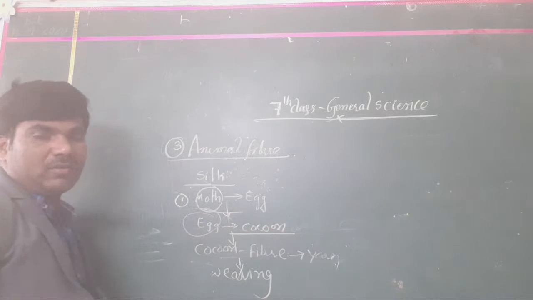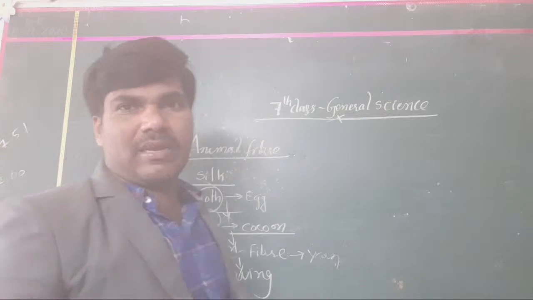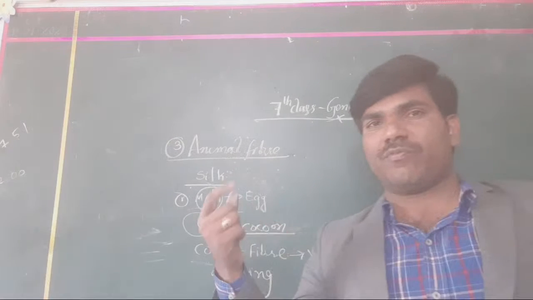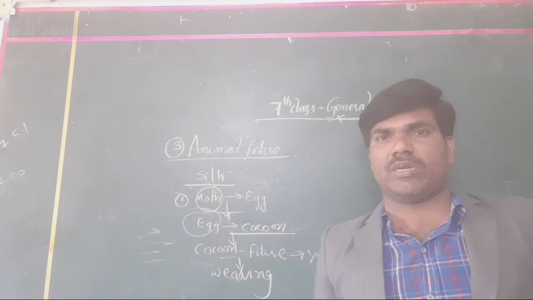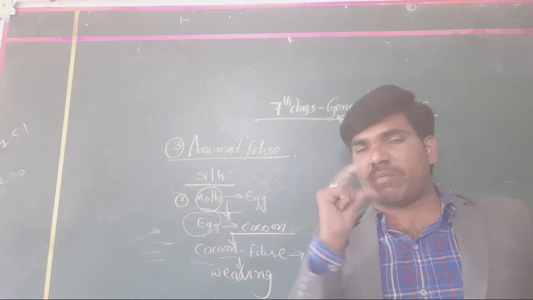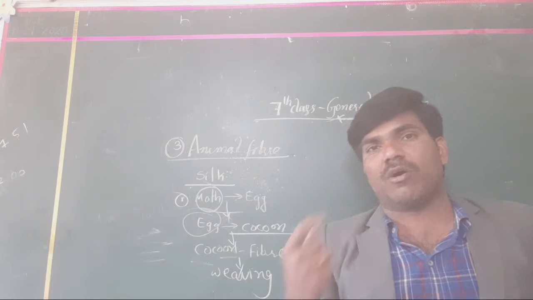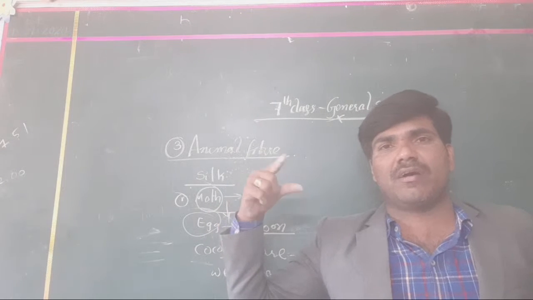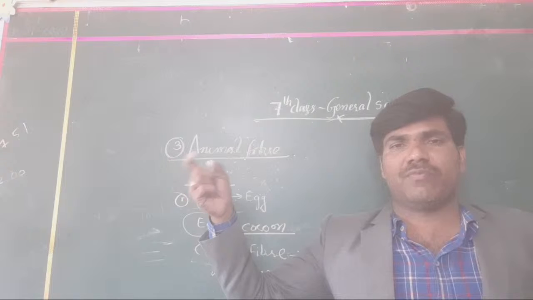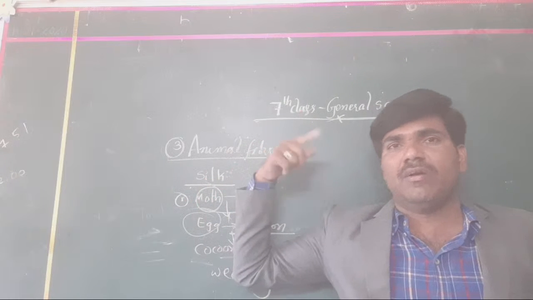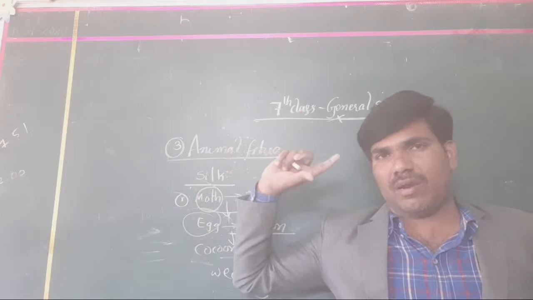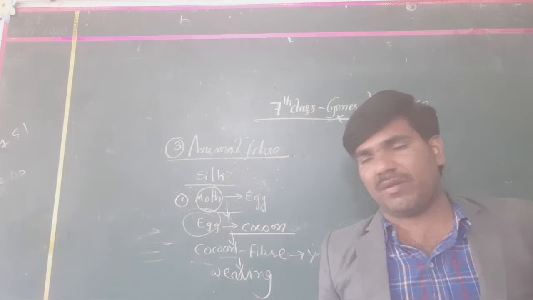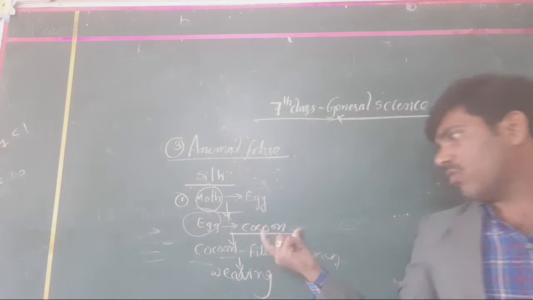You know very well what a cocoon is. It takes mulberry leaves as food continuously for about 30 to 45 days, and afterwards from the mouth of the small moth a liquid-like material is released, which solidifies and forms like a bag or a net around it. That material formed is called a cocoon.